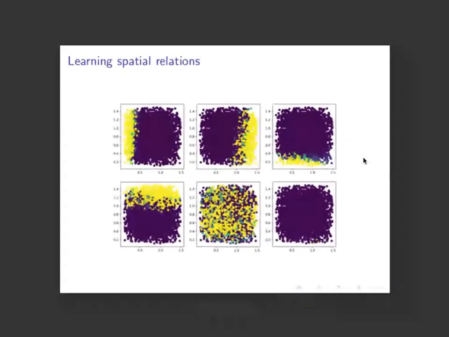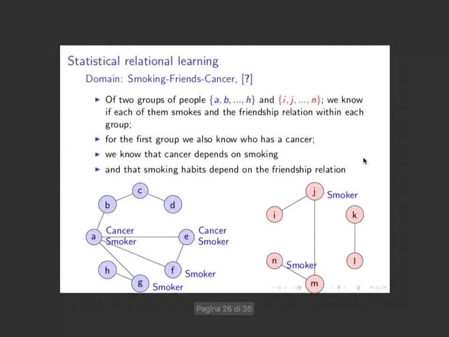So you get the idea, and then we get these kinds of unsupervised learning results, and it's interesting that we may be specifying what does it mean to be to the left or to the right, or contained. The smoking friends cancer example, which was used by MLNs, we tried to compare results there, again comparing with counting models as an alternative to what we're trying to do here, which is not to count models.